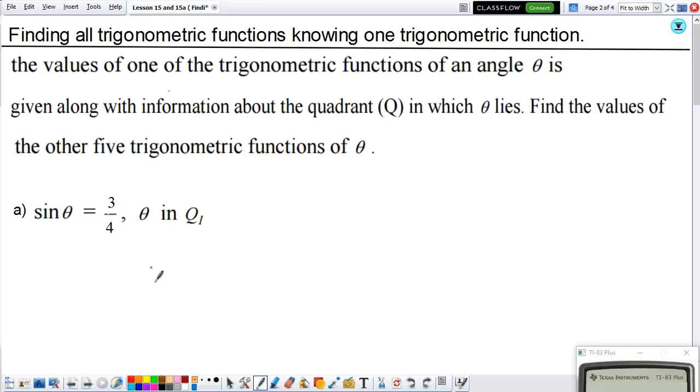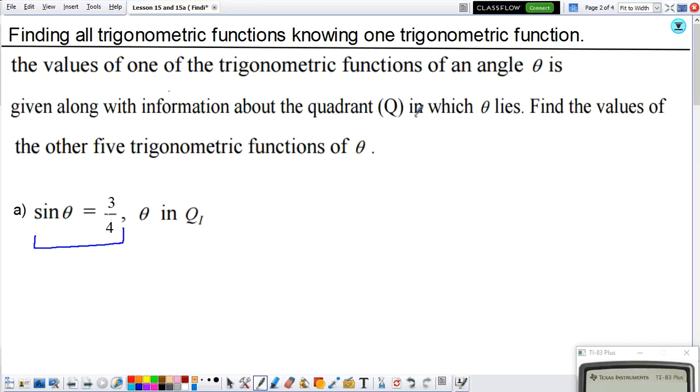So let's get started. Here we've got to understand what is being given to us. It says the value of one of the trigonometric functions of an angle theta is given along with the quadrant. In our first example, they're giving us the value of sine, and they're saying sine of theta equals 3/4. That's great.